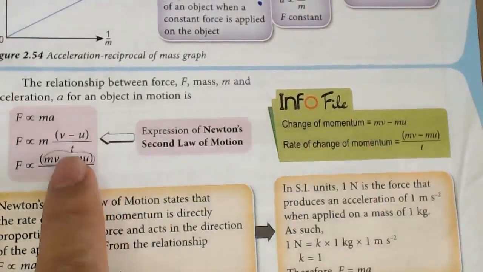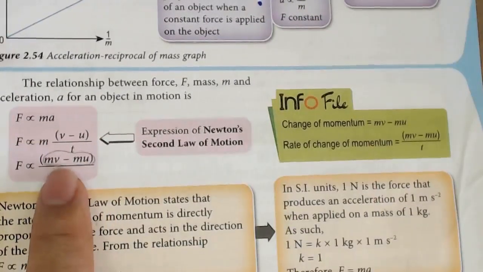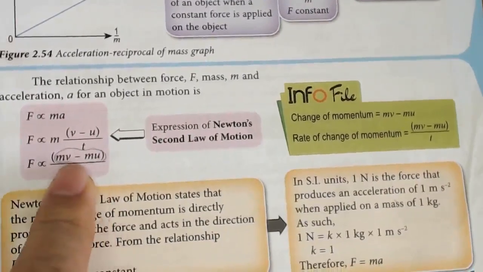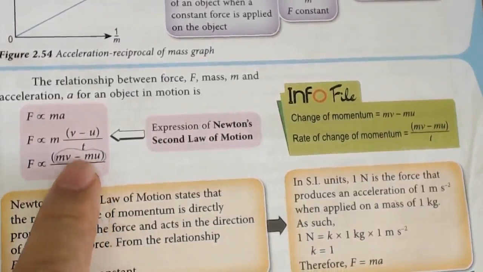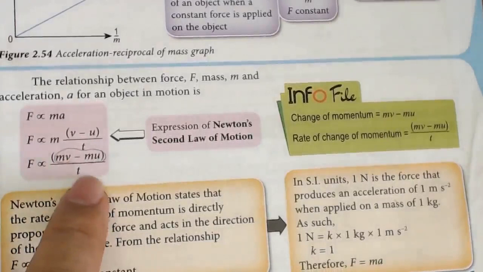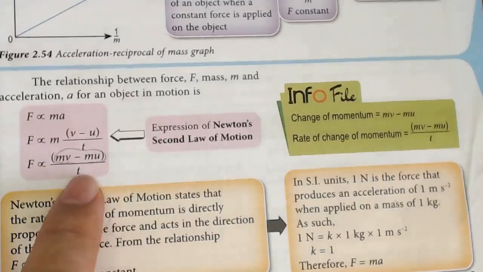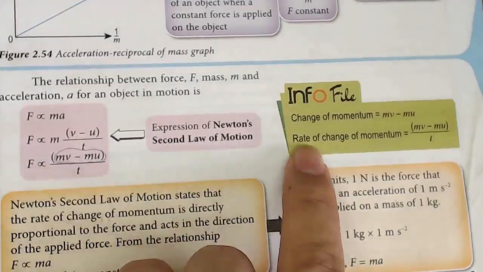So up there, mv minus mu, we say the change of momentum, divided by t. What is t here? t here we read as rate of.